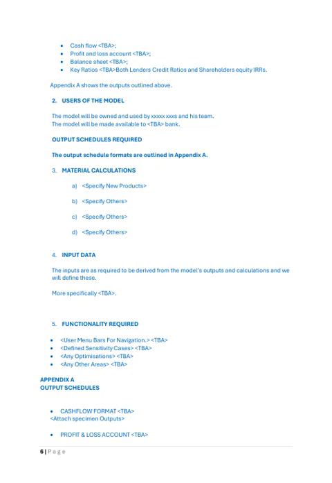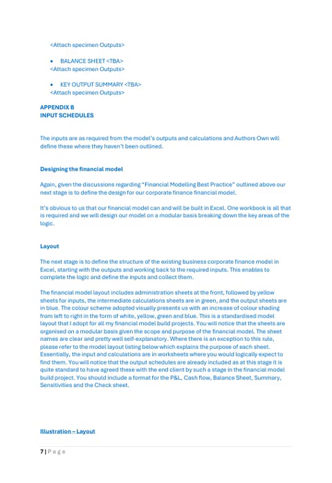Regarding functionality, the model will include user menus for navigation, define sensitivity cases to test different scenarios, potential optimizations, and any other necessary features to support thorough analysis. Appendix A also provides example formats for cash flow and profit and loss account schedules to guide us in structuring these outputs effectively.